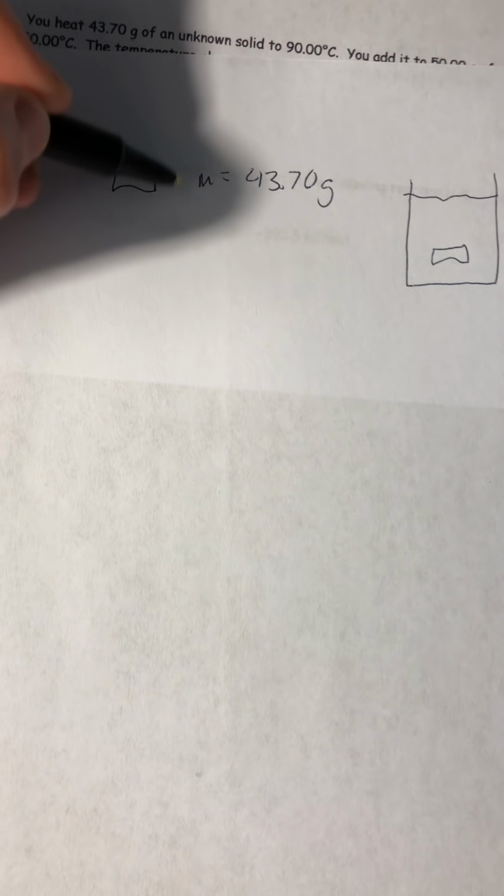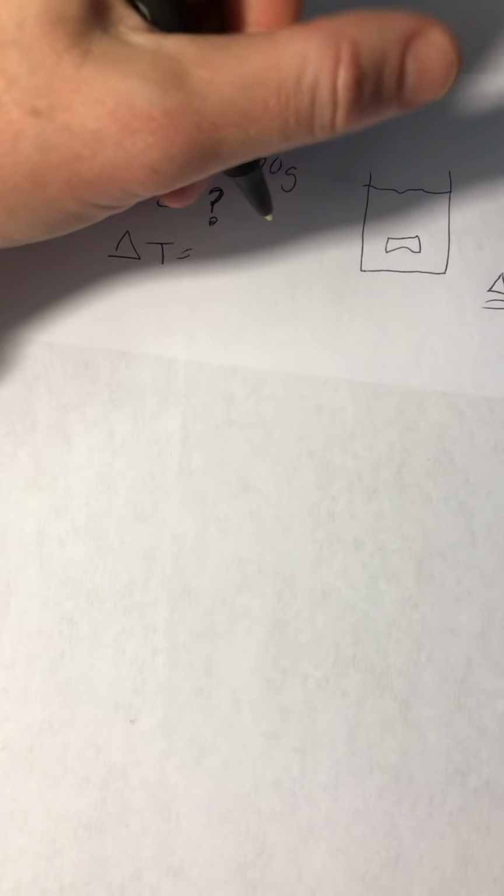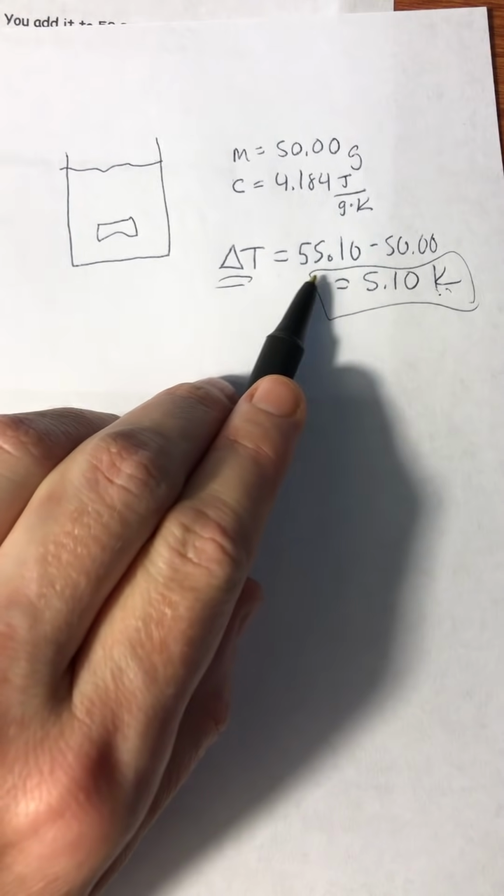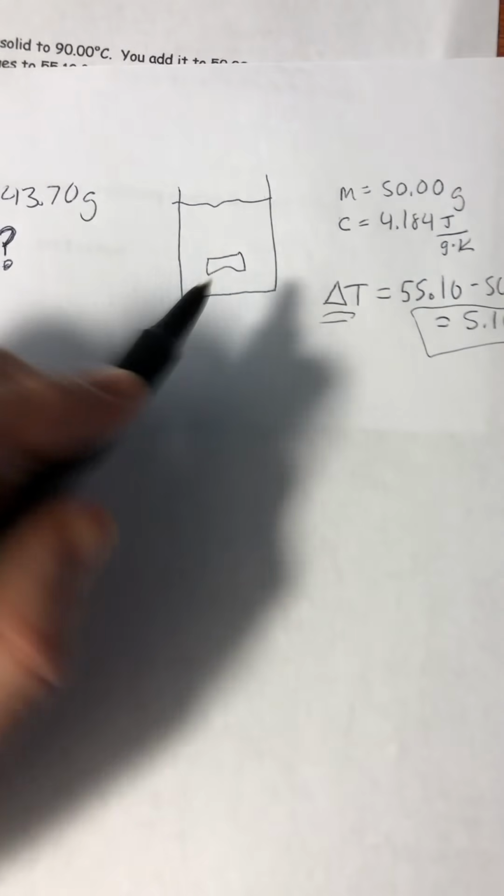Okay, now over here, we know the mass was 43.70. We'll see what the C is, and delta T, we're gonna try to go ahead and figure out right now. We know that the final temperature for both of them was 55.10. So when this one let heat out, this one gained heat.